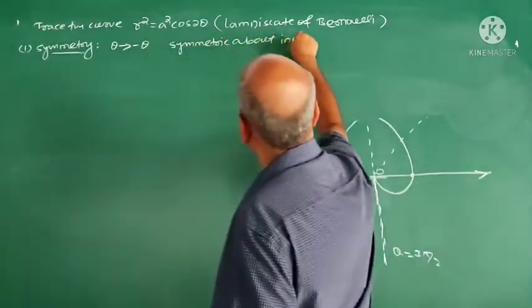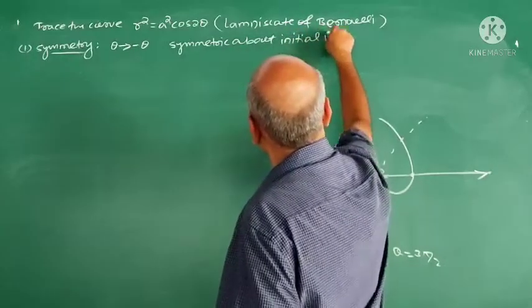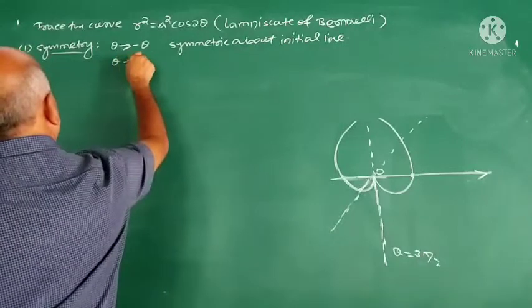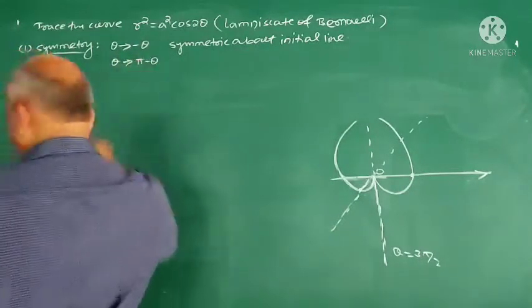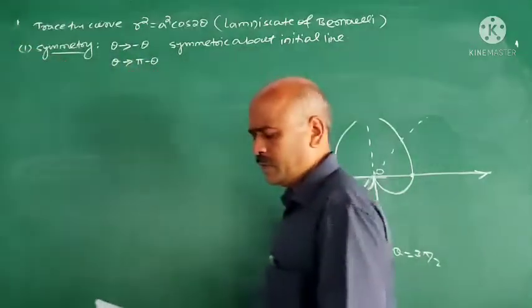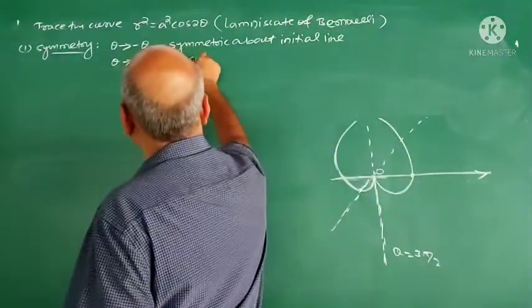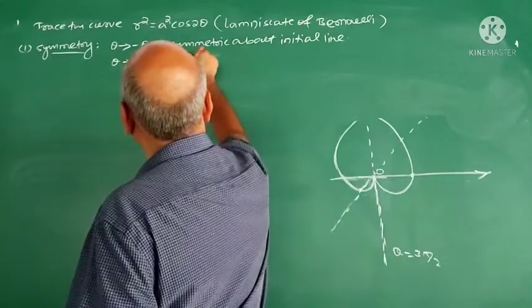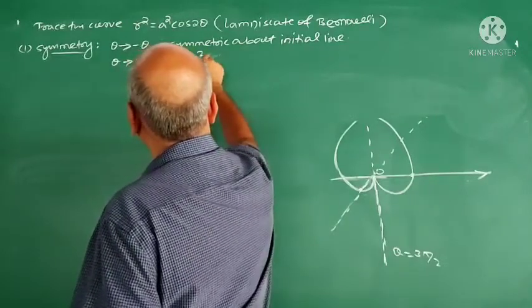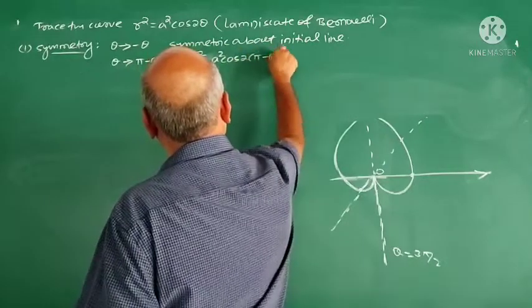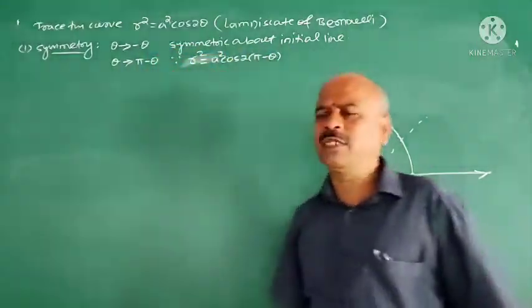And also, theta to pi minus theta, it remains unaltered. Because r square is a square cos 2 into pi minus theta, we change theta to pi minus theta.